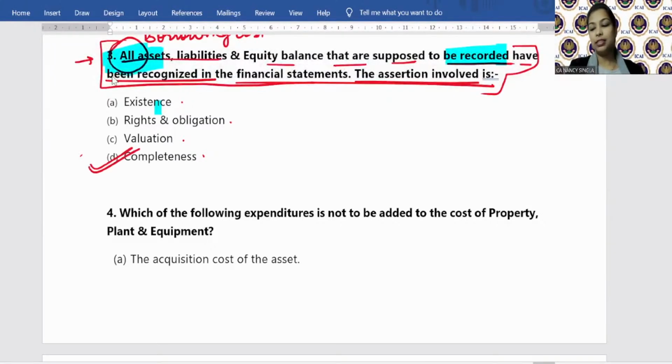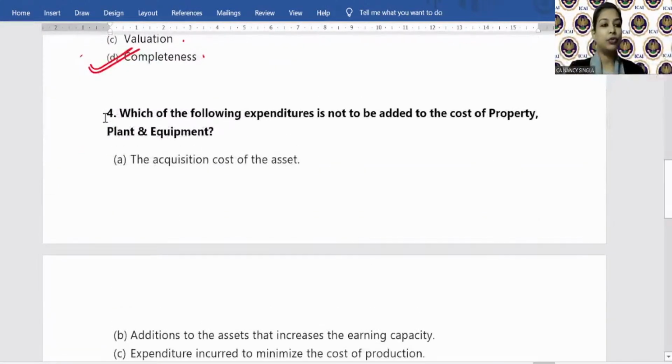So the answer is D. ठीक है? ठीक है? Now with respect to fourth question.